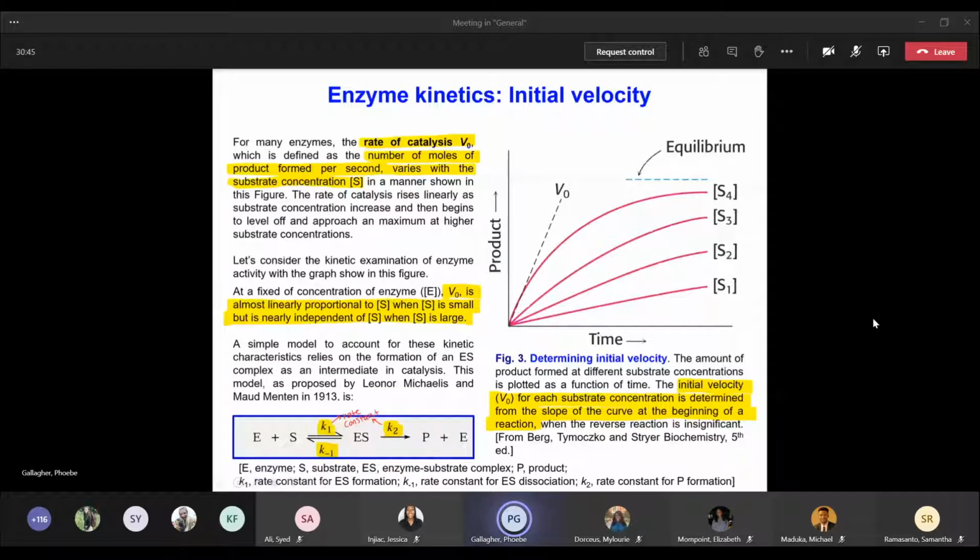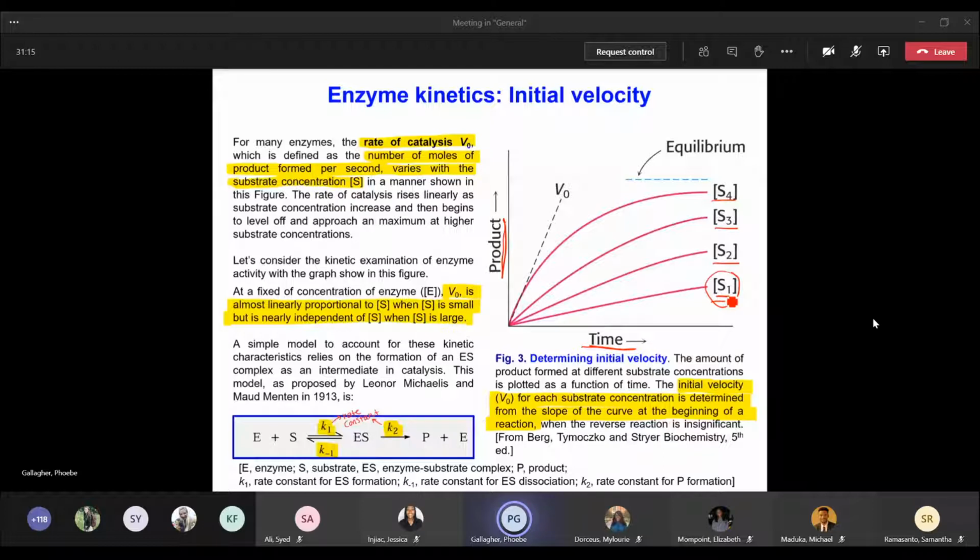So this is once again just plotting the product to time at different substrate concentrations. So this is essentially how they will ultimately plot the Michaelis-Menten plot based on measuring the velocity at different concentrations of substrate. So what they do is they have a solid amount of substrate at one concentration.